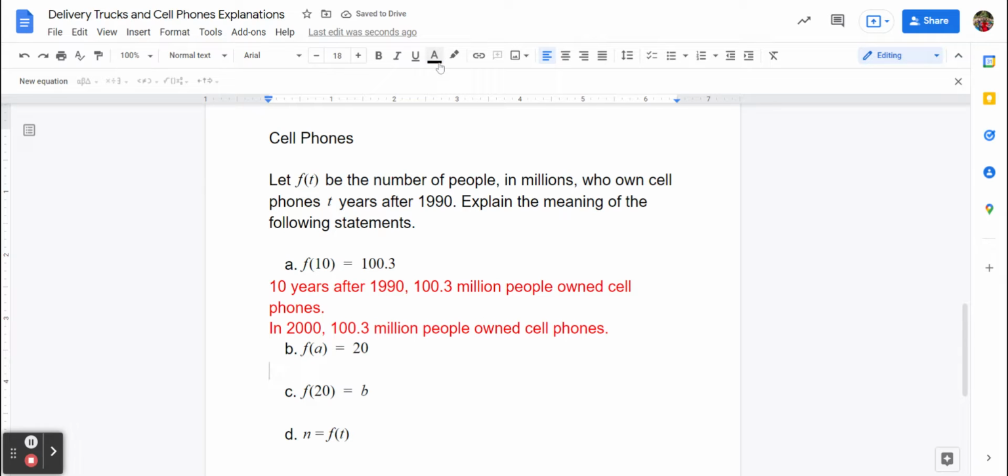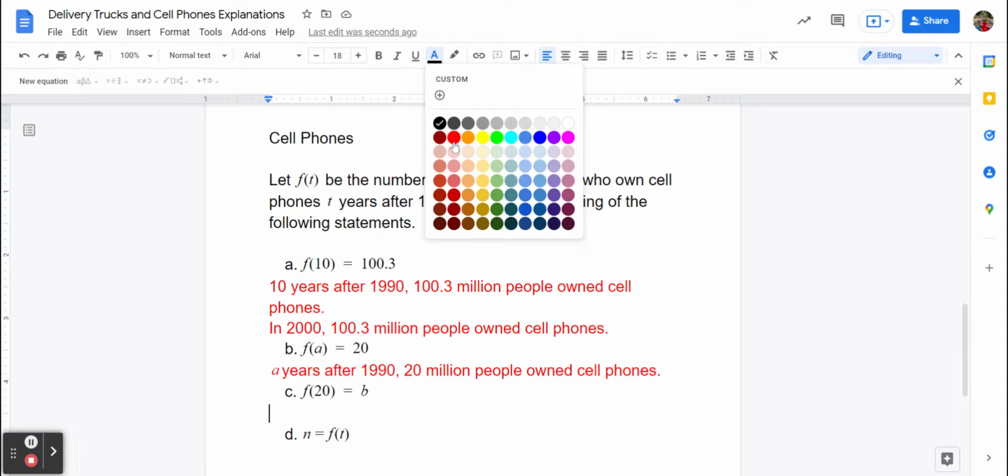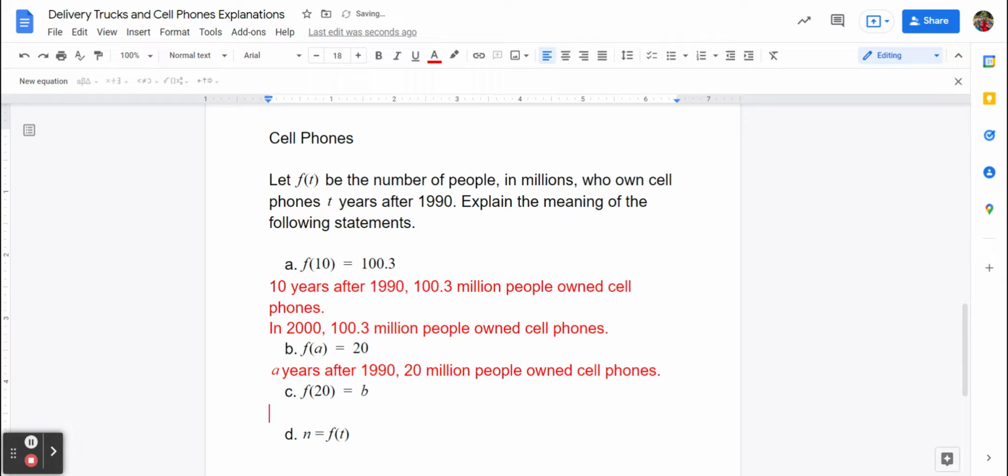Right, and this next one, we have f of a, so we don't know how many years, but we do know the 20, so 20 would be million. So we would say a years after 1990, 20 million people owned cell phones. All right, and then C, now we have a number of years, but not an actual number of people. So again, we can do this two different ways.